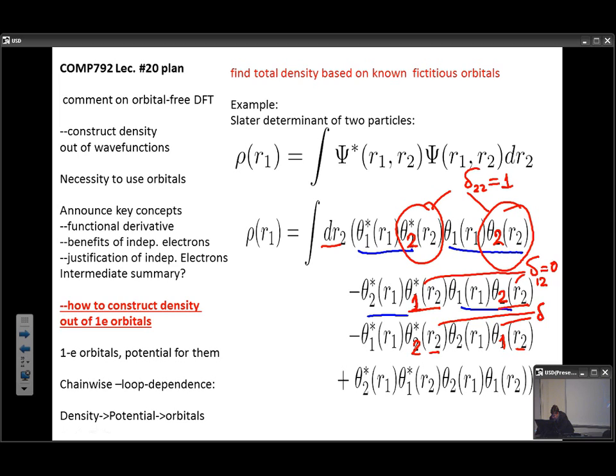If we integrate them together, we get delta 2,1, which is also equal to 0. Then here we have this and this term, the first orbital, and when we integrate them together, we get delta 1,1, which equals 1. So we are getting rid of the second and third terms, right?